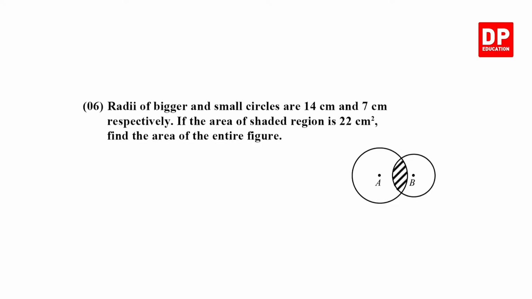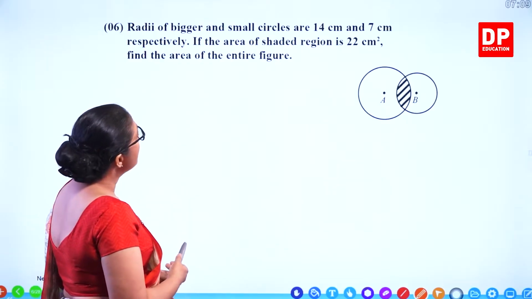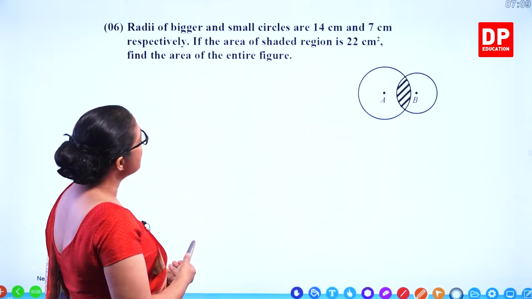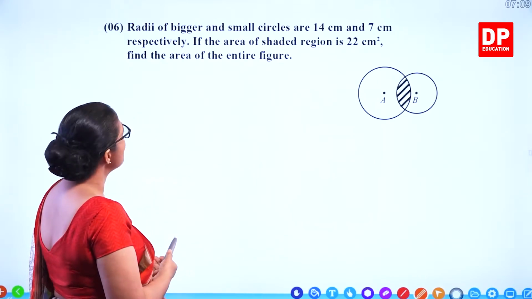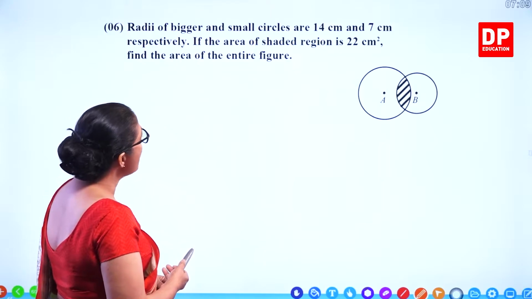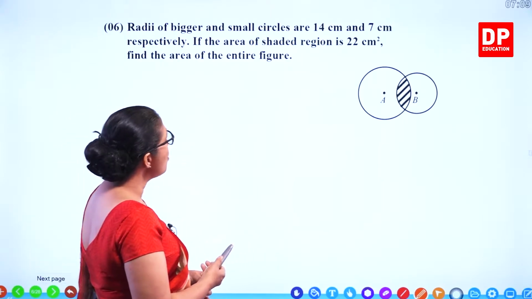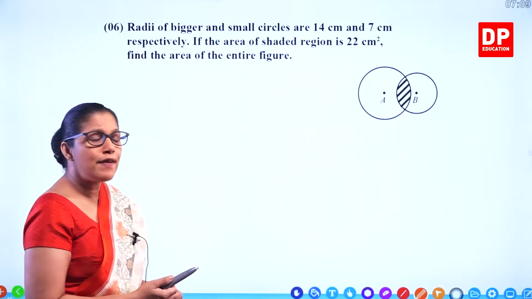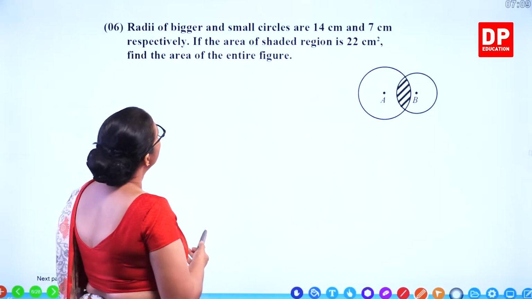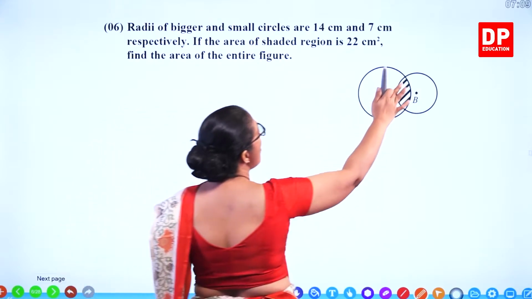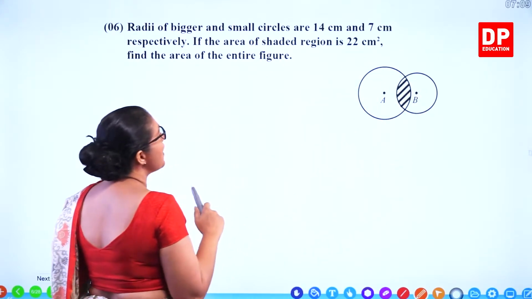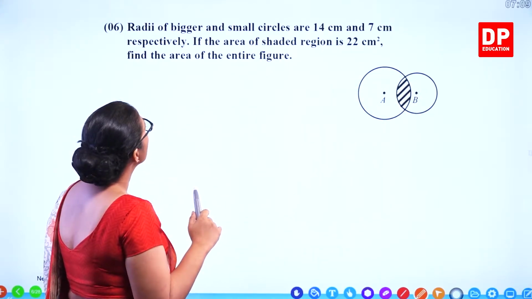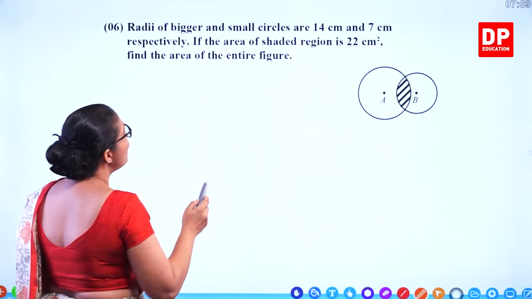Question number 6. Radii of bigger and smaller circles are 14 centimeters and 7 centimeters respectively. If the area of the shaded region is 22 square centimeters, find the area of the entire figure. So here you are asked to find out the full area. What's the area of the bigger circle?